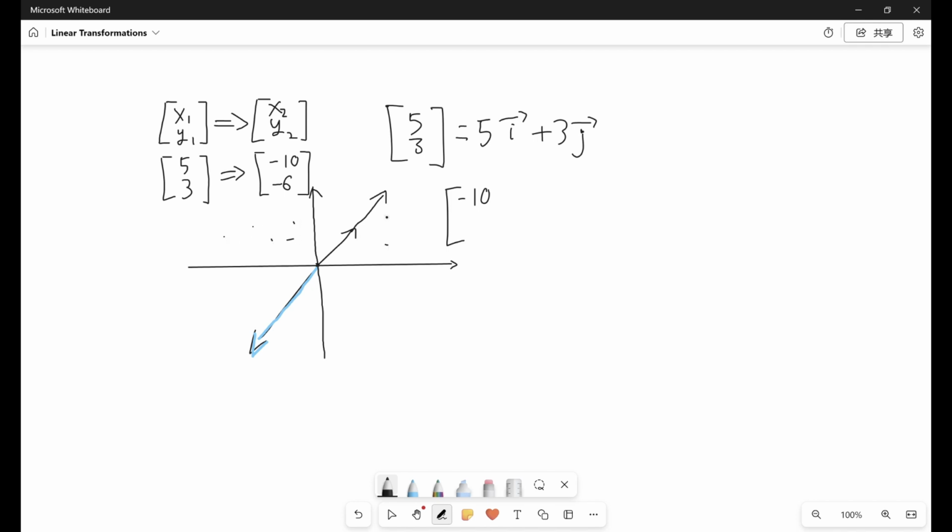And so if we transform every single point on the coordinate plane, so we stretch the point by 2 times, and then we reflect it across the origin, then we essentially transform the whole coordinate graph, including the basis vector.